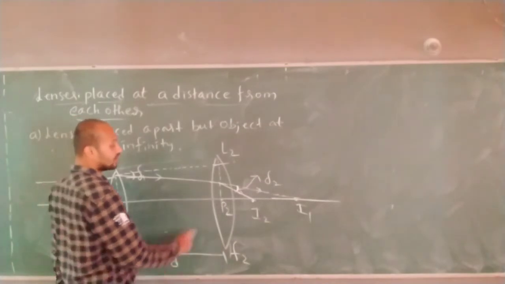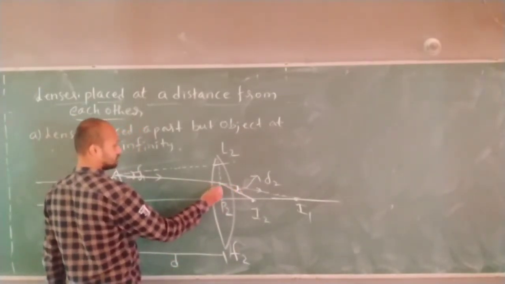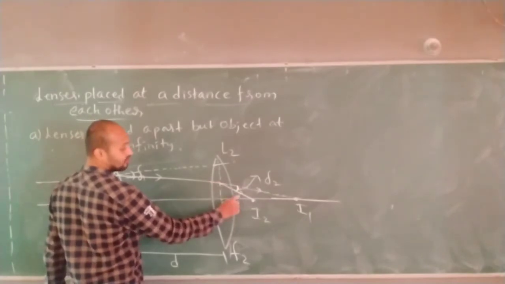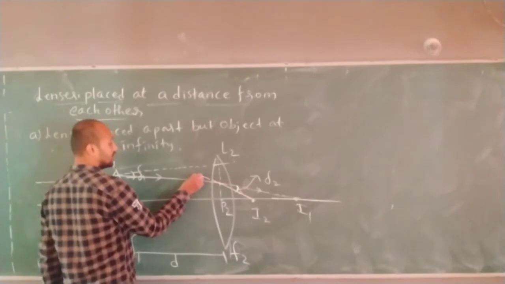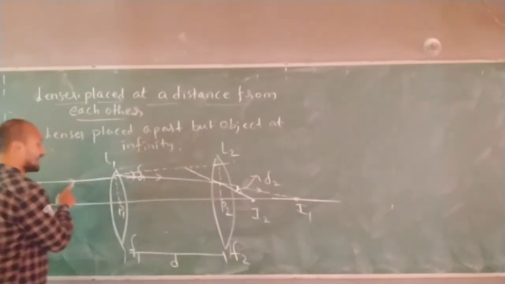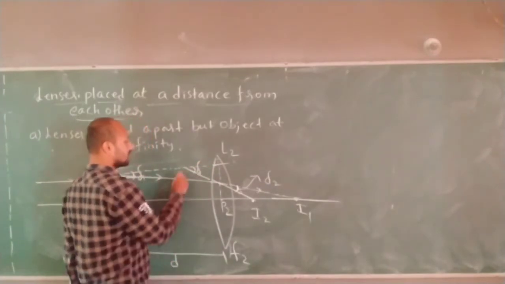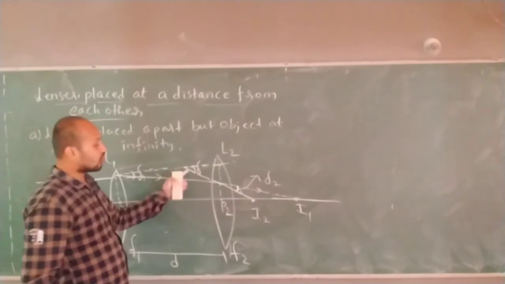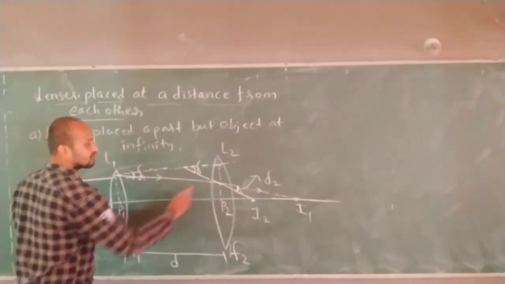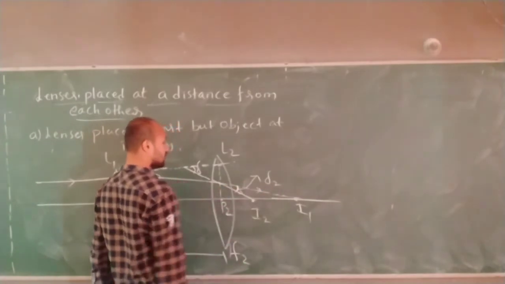If I extend the final ray after passing through the lens system, it is going to join the line of incidence. So this angle will be δ, the total deviation produced due to this combination. This is δ2.